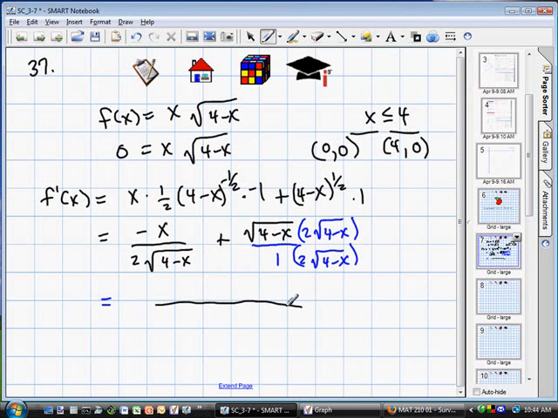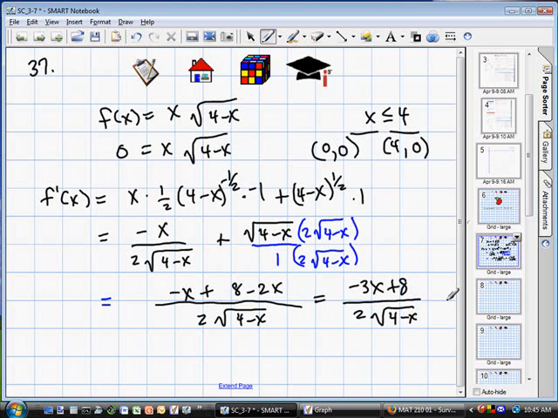Common denominator. This is going to be -x. And over here, square root 4 minus x times square root 4 minus x is 4 minus x. And doubled is 8 minus 2x. Bring it together. So there's our first derivative.